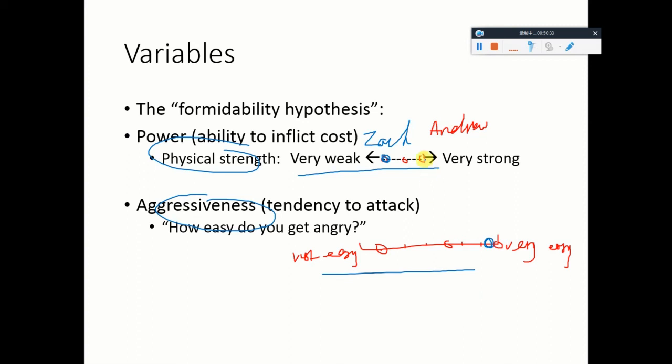It is because only by turning concepts into variables can we start to make sense, so to speak, of the hypothesis by looking at whether individual scores, scores by Andrew, scores by Zach, agree with the hypothesis. Okay? Right? So we can use Zach's score and Andrew's score to verify whether or not stronger men are more prone to anger.